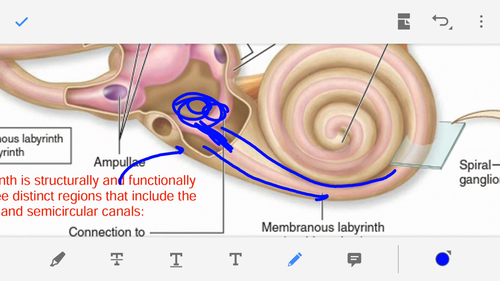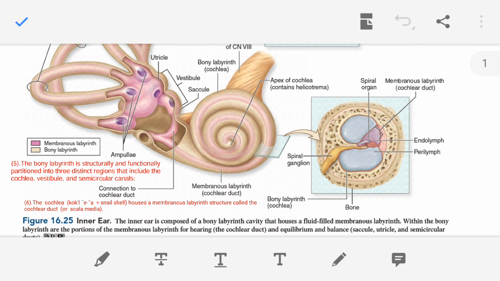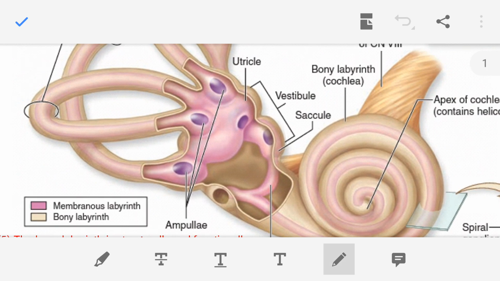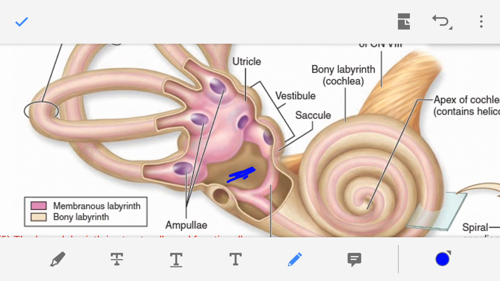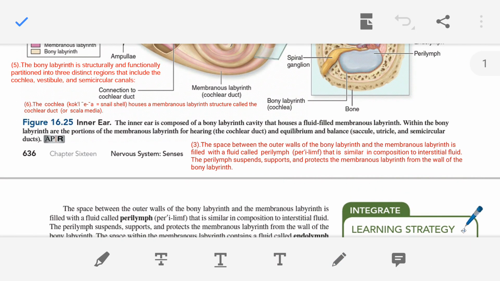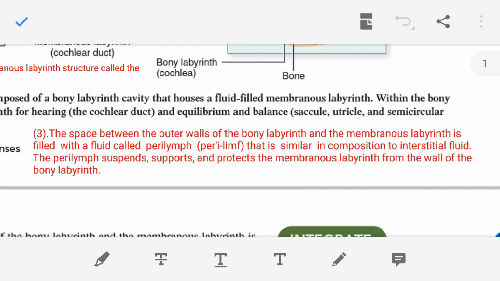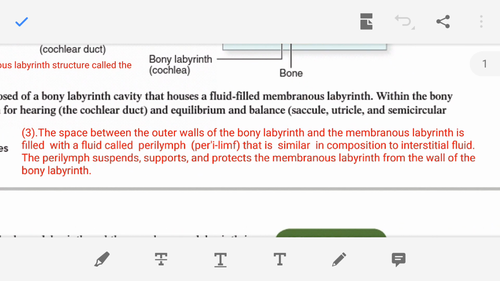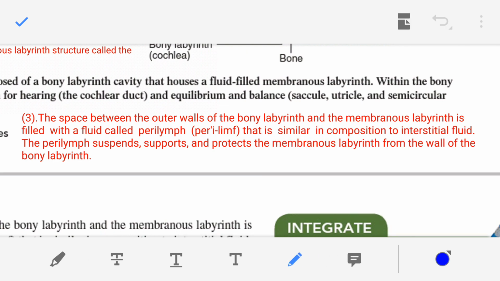Similarly, if you pour a fluid over here, the fluid will move in this direction. So the fluid present between the bony labyrinth and membranous labyrinth is known as perilymph.